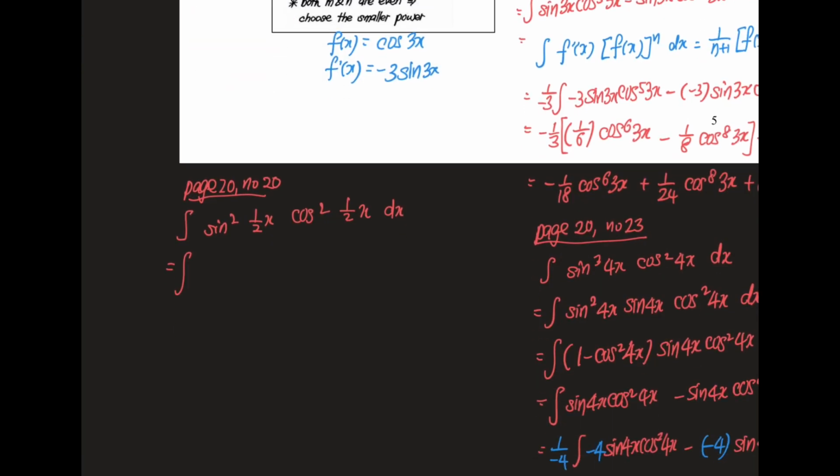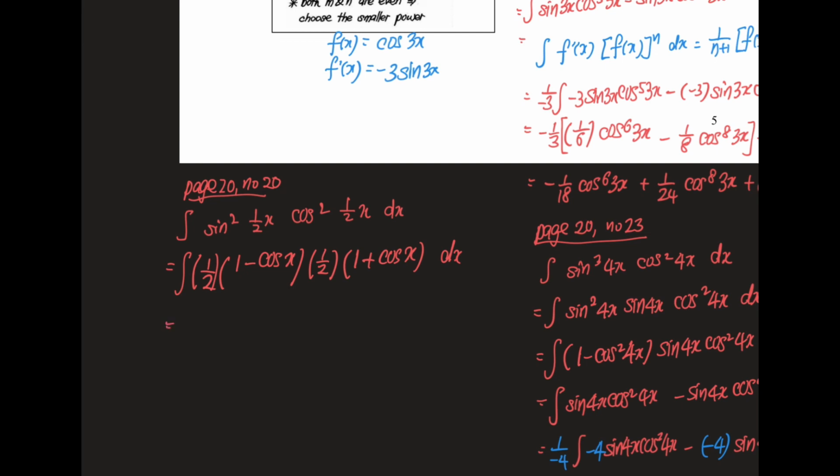If we use that, it will become 1 over 2, 1 minus cos x, times 1 over 2, 1 plus cos x.